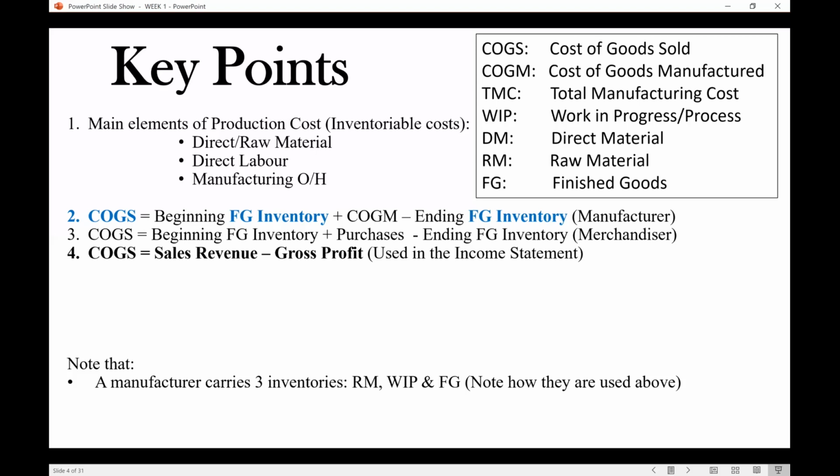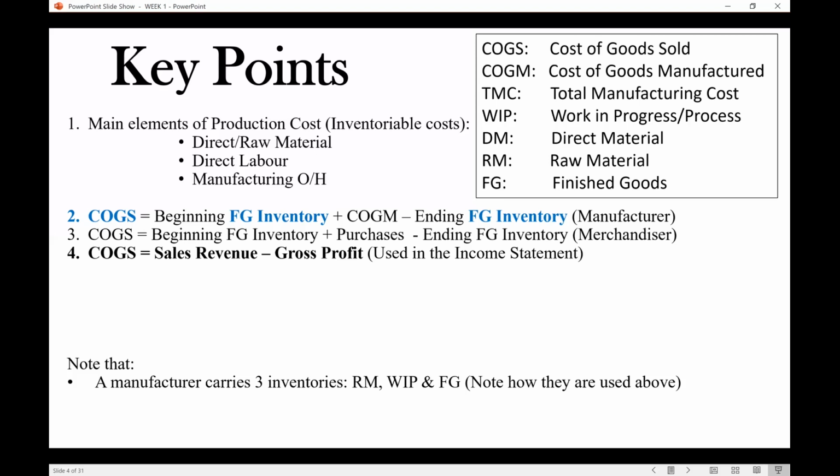What is the natural, the layman equation for finding profit? Revenue minus the cost to sell the goods minus the expenses. So when we change the subject of the formula to find the cost, the expense, it's going to be cost of goods sold equals the revenue minus your profit.